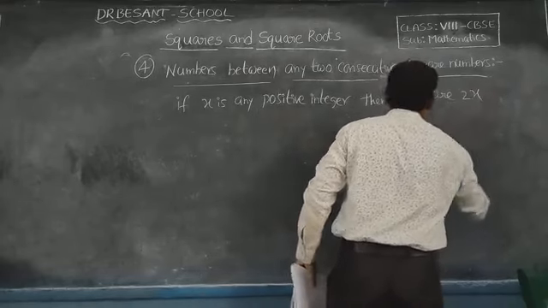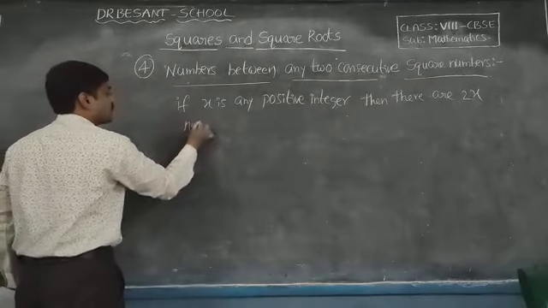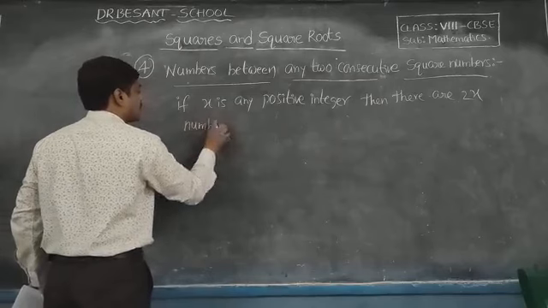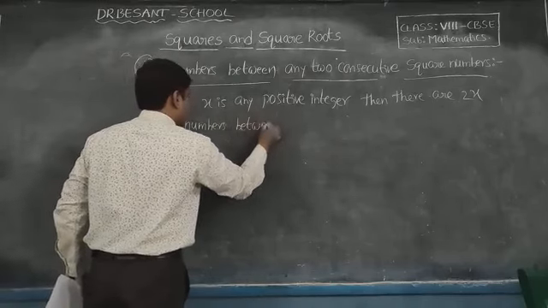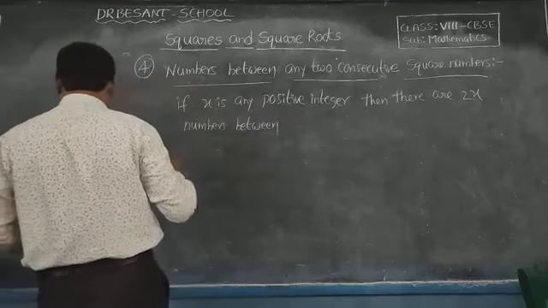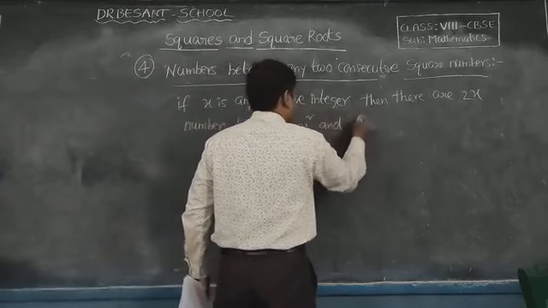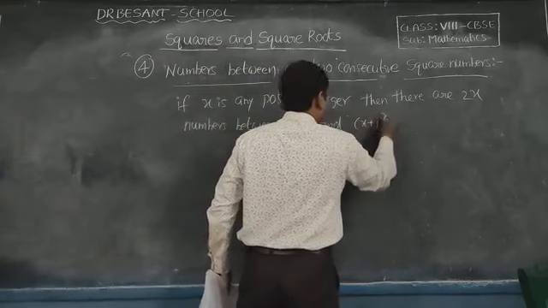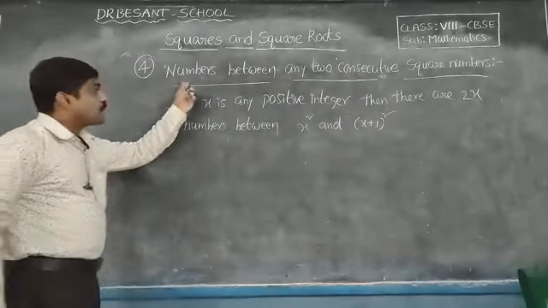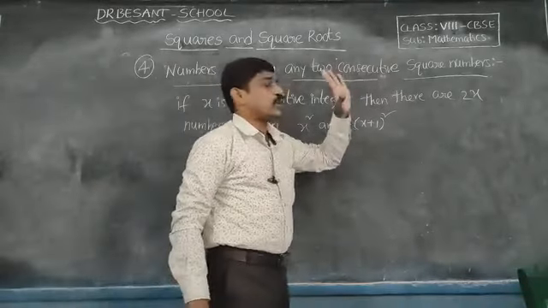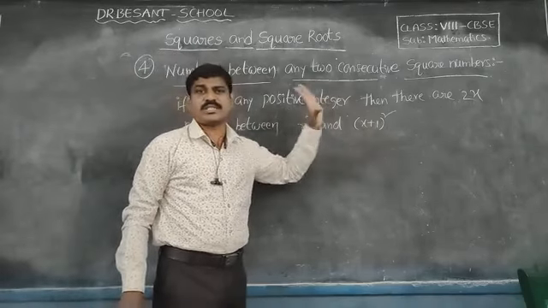This is an important thing, 2x numbers between x square and (x plus 1) whole square. So children, observe here, numbers between any two consecutive square numbers, x square and (x plus 1) whole square.